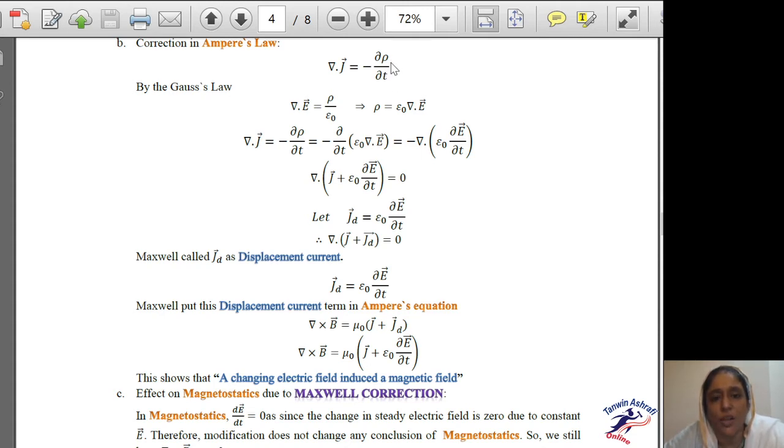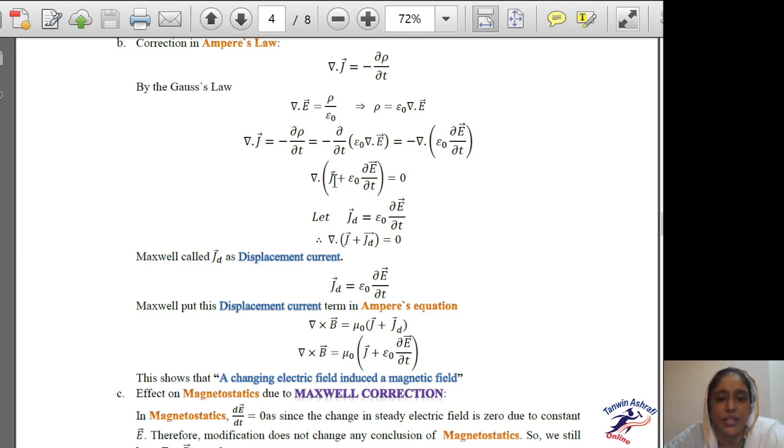By Gauss's law, rho is epsilon naught del dot E. Replacing rho with epsilon naught del dot E, del dot J is equal to minus partial by partial t of epsilon naught del dot E. Taking del dot outside, it is minus del dot of epsilon naught partial E by partial t. Taking the minus sign to the left hand side, del dot J plus del dot of epsilon naught partial E by partial t is equal to 0.